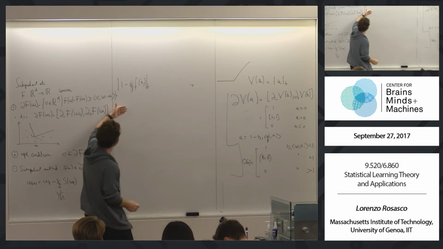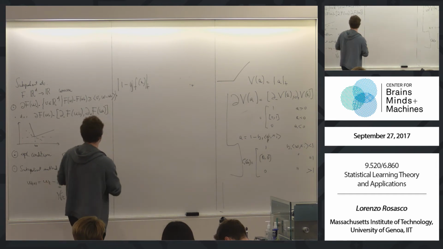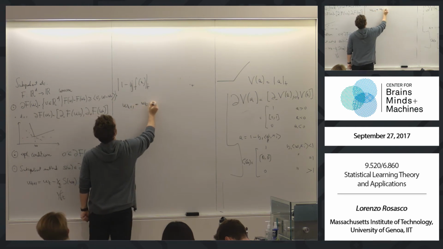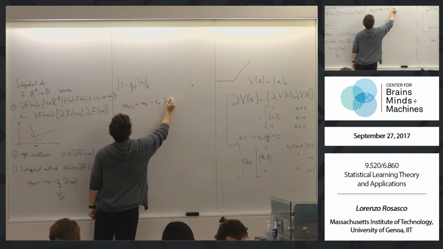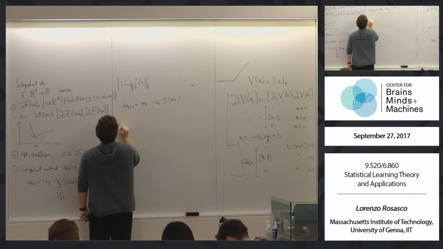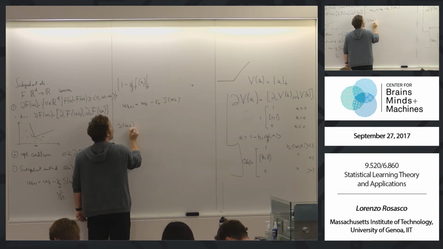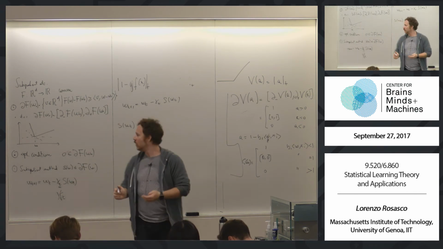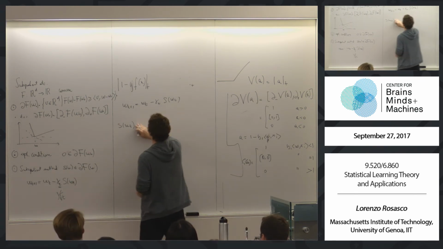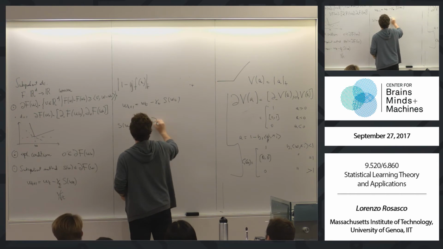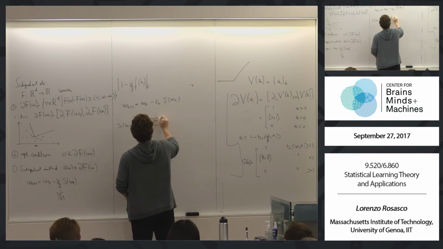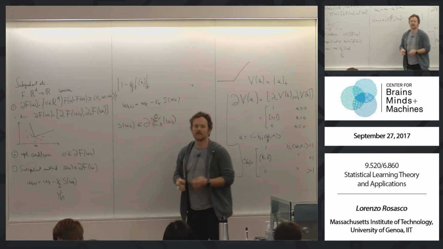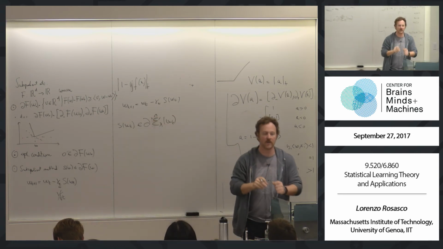So look, I want to write this method: w_{t+1} = w_t - gamma s(w_t). But I want to tell you one specific way of picking an element of the subgradient. So s(w_t) is going to be in the subgradient of the objective at w_t, but I want to tell you exactly how I select one.